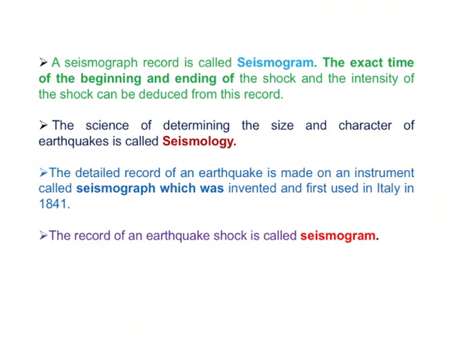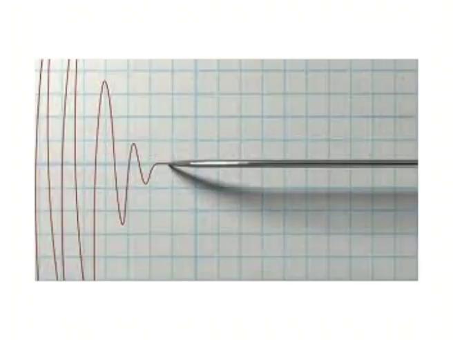Then the detailed record of an earthquake, which is made on an instrument, is called a seismograph. Why are we calling this a seismograph? I told you it is attached with a graph paper, and a pencil or pen-like object is attached with it.